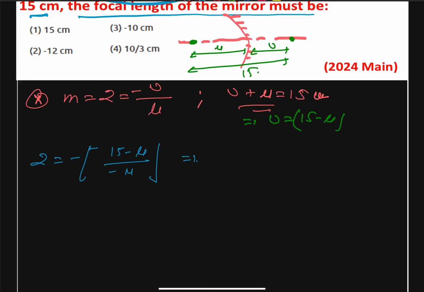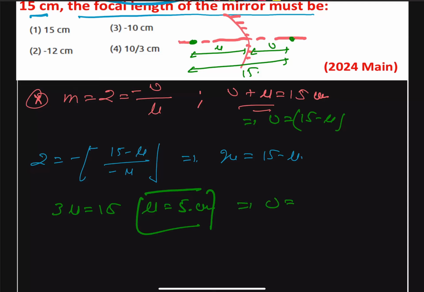This gives us twice u is equal to 15 minus u, so 3u is equal to 15, giving u equal to 5 centimeters. Therefore v is equal to 15 minus 5, which is 10 centimeters, and we need to find the focal length, so we can use the mirror formula.